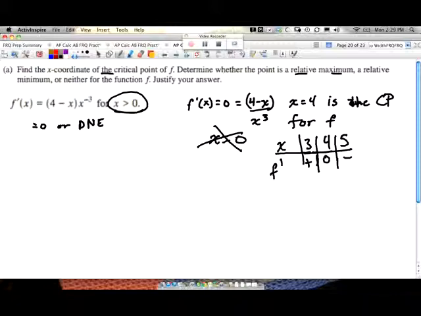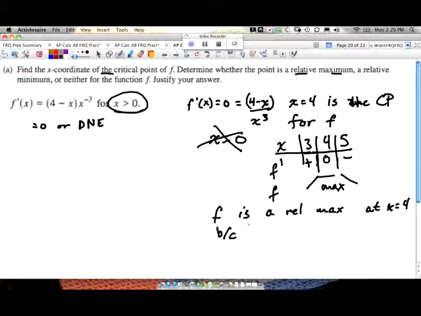So then that means f is going up, then coming down while flattening out, so it's going to be a max. So f is a relative max at x equals 4 because f prime changes from positive to negative. Booyah. That was nice and easy.